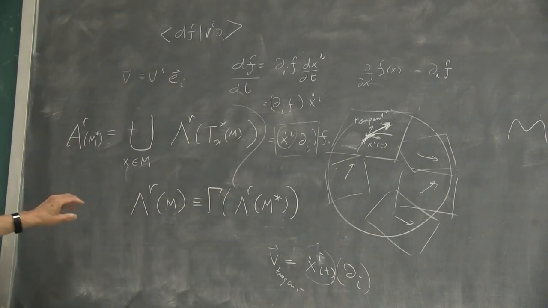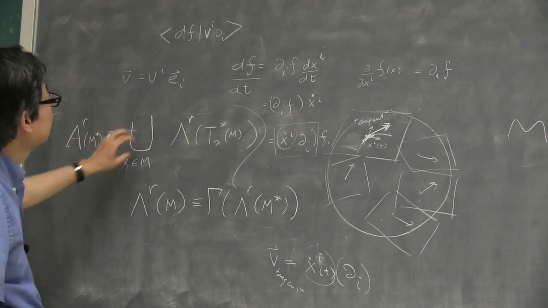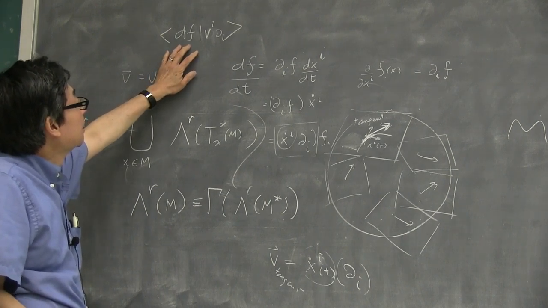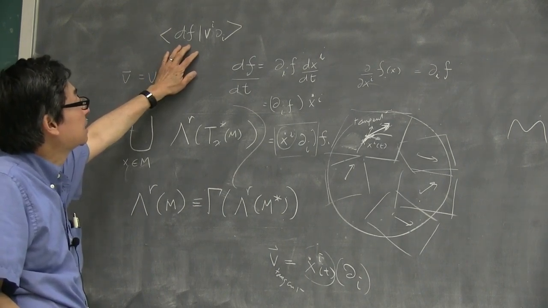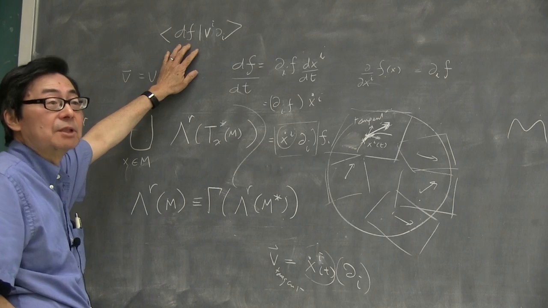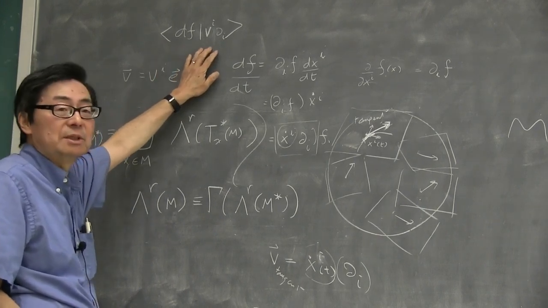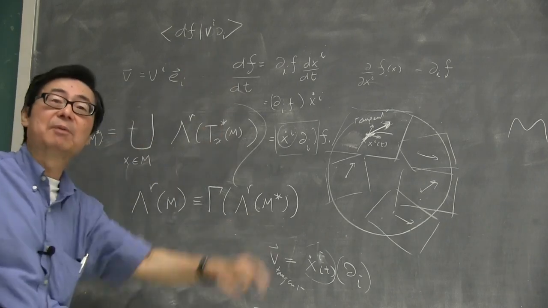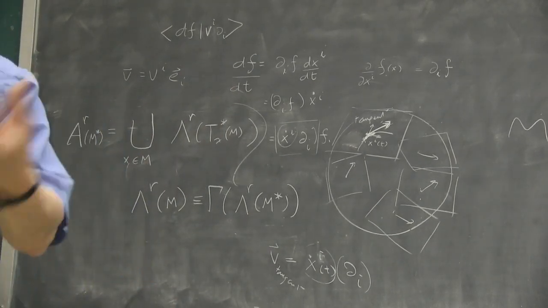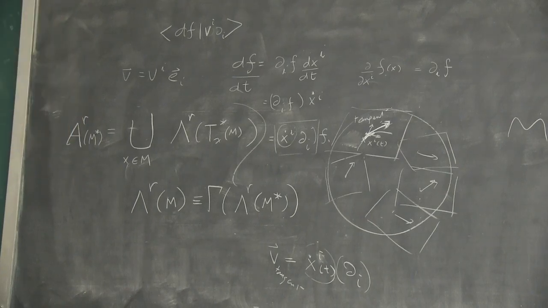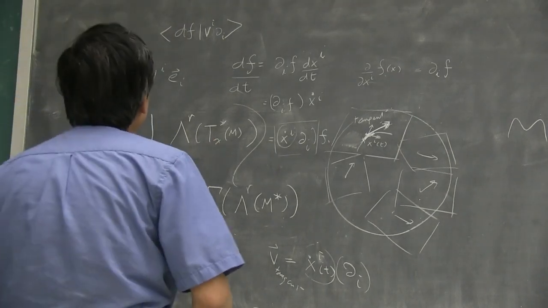And I'm going to argue that I can write a general vector in the cotangent space by considering df as a general vector in the cotangent space, in the sense that something in the dual space acting on something in the original space produces a number for you. Because that's the definition of the duality of vector spaces. Okay?